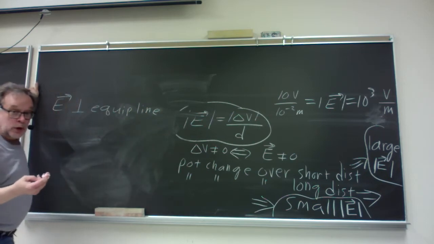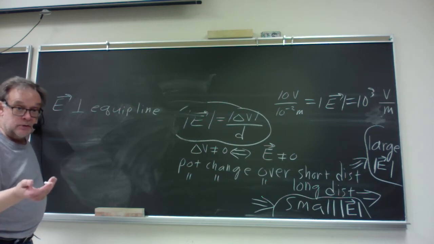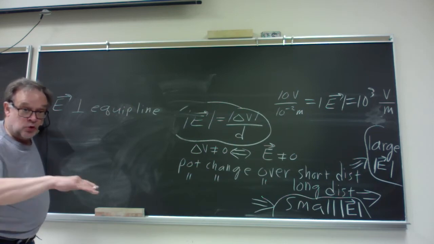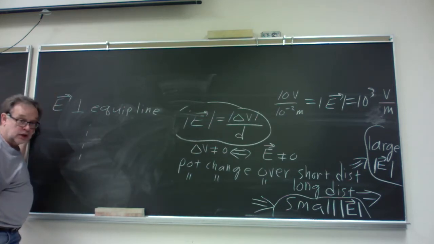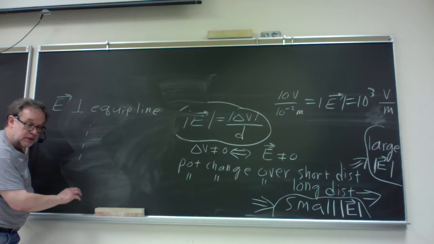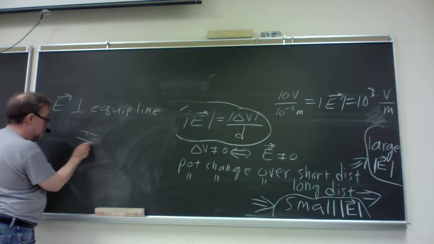Or to put it another way, wherever an electric field line and an equipotential line cross, they must cross perpendicularly. So there's an equipotential line, and if there are some electric field lines also in this space, then they must cross this line perpendicularly.